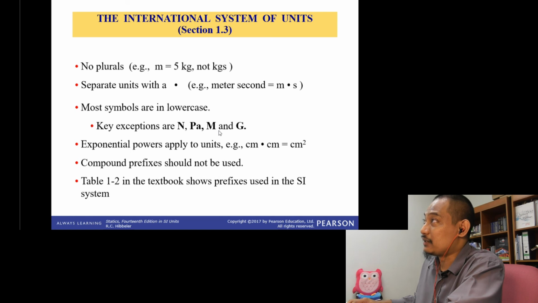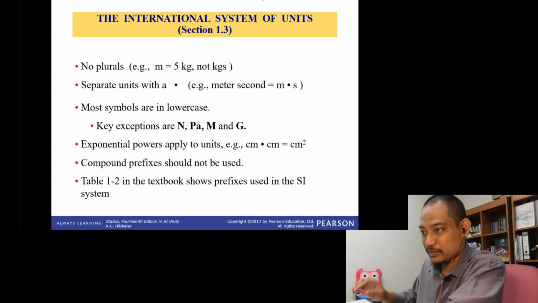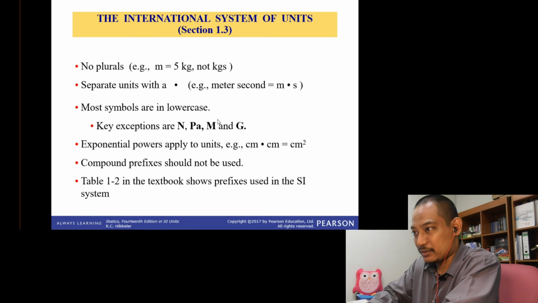I'm not sure about this Mg in terms of the context here. Anyway, you can refer to the textbook, but I think it's the mass of planets, maybe. G is the force.